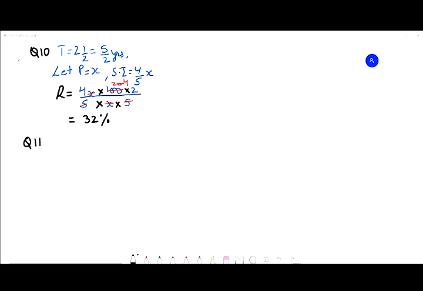Now we have to solve the second part first. So we will take that second part as first case. So the information given to us in the first case is principal is rupees 900, rate 4%, and the time is 5 years.